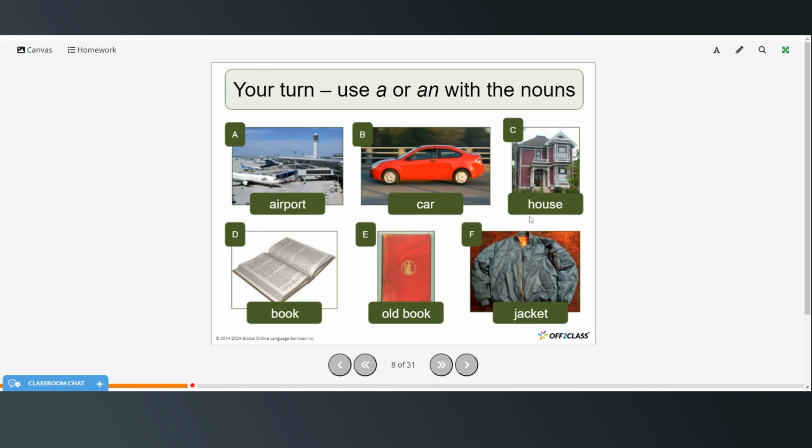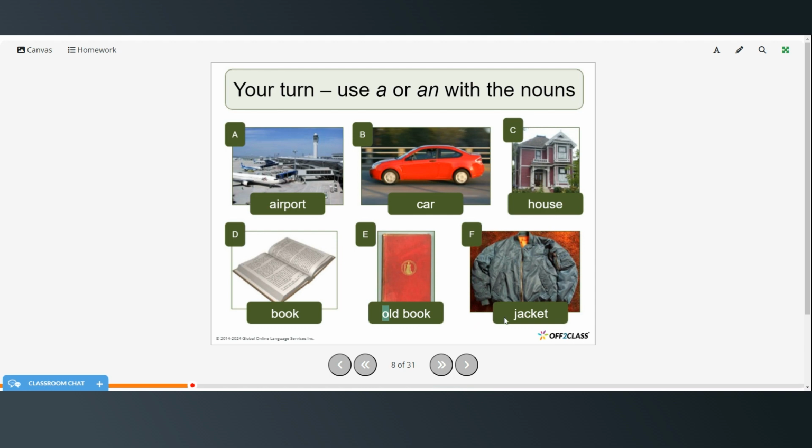House would be a house. Book would be a book. Here we have old book. So we have an adjective, so we would use the beginning sound of the adjective, so we would say an old book.